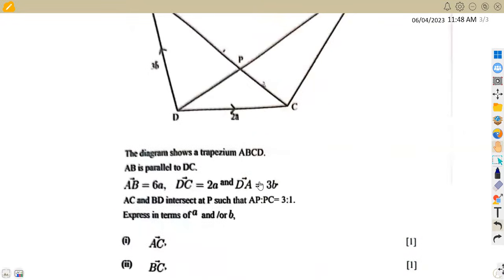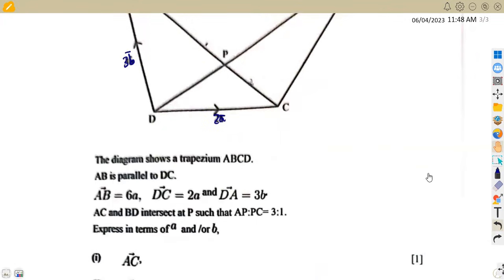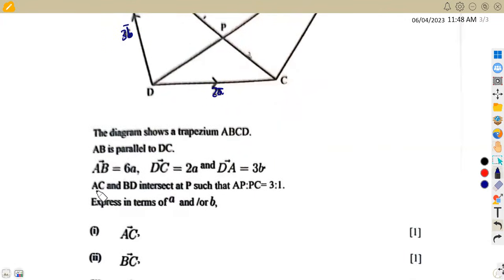Okay, the D part here is on vectors. So from this vector, we are given from A to B, which is vector 6a. Then this one is vector 3b. This is vector 2b, and so forth, and the point P. Also you're given the ratio. Take note, AC and BD intersect at P such that AP to PC is 3:1.